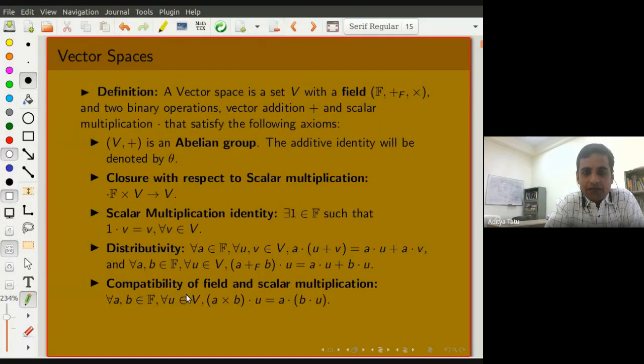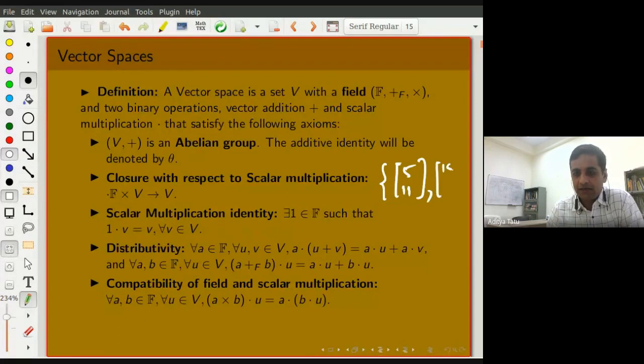For example, if I just consider the set (5, 11) and (15, 33), will it satisfy all these axioms? For example, is the additive identity in this set?